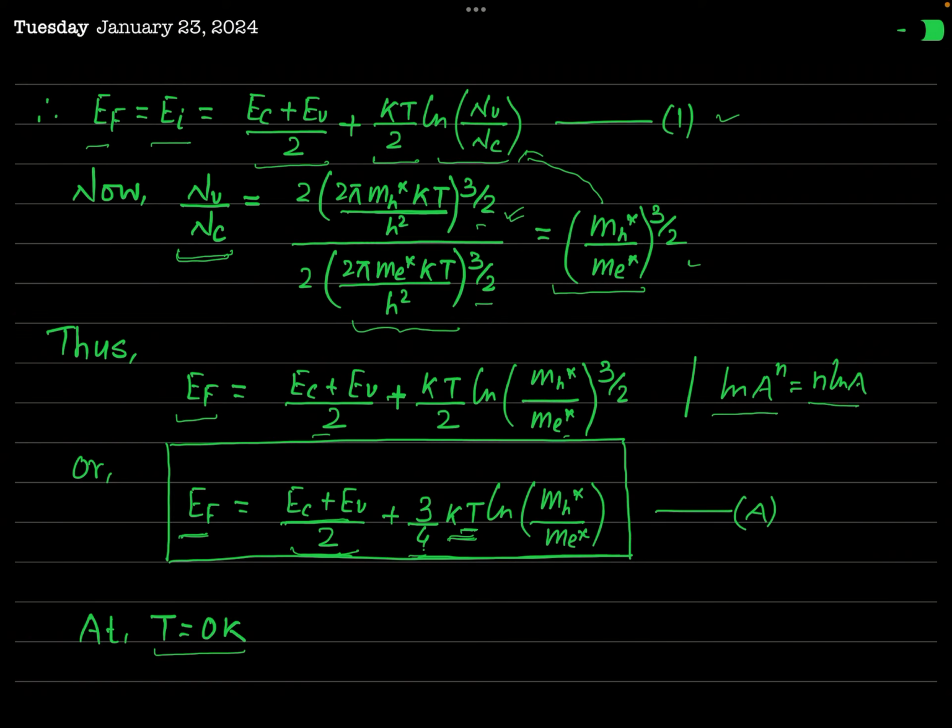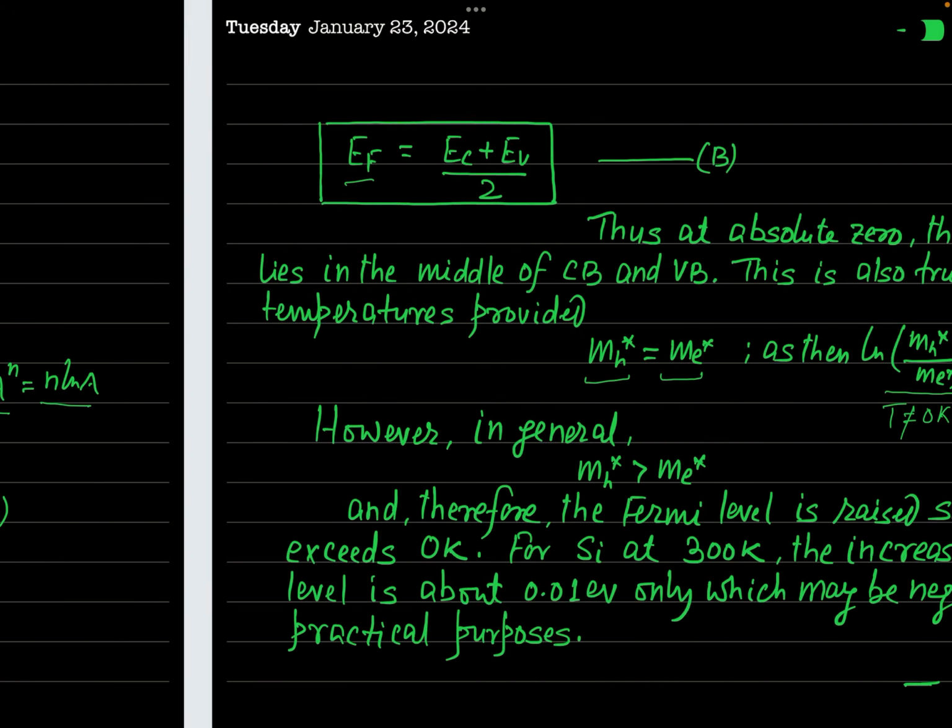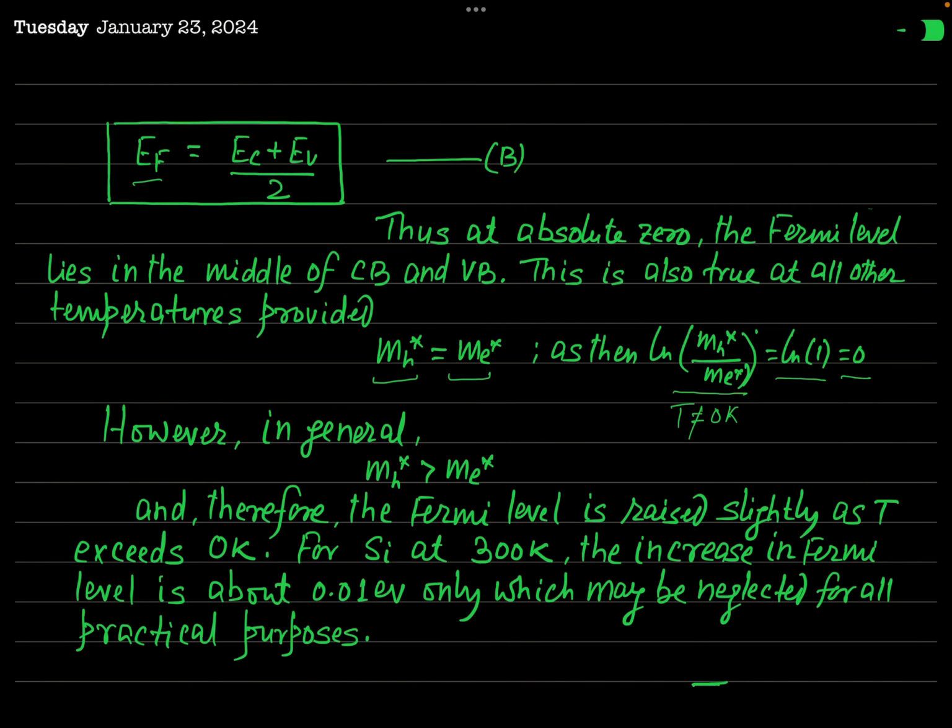In that condition we can say that even though the temperature is not 0 Kelvin, EF is equal to (EC + EV)/2. It means in that condition too, the Fermi level lies just in the midway of the conduction band and the valence band. But is it true that MH star is equal to ME star?